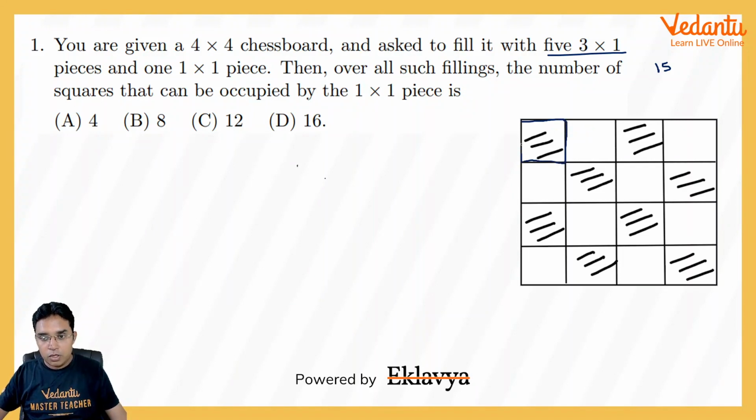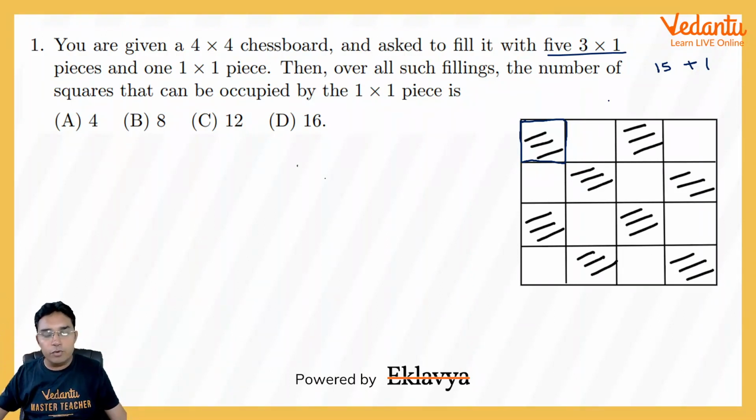Such 15 boxes will be occupied by these 3 into 1 pieces, and the remaining one box will be occupied by the 1 into 1 piece, so that this entire 4 into 4 chessboard is covered. So we don't have to overlap any box and we don't have to leave any box. We have to cover all these 16 boxes.